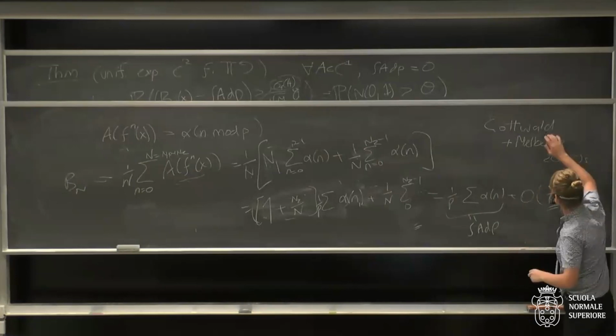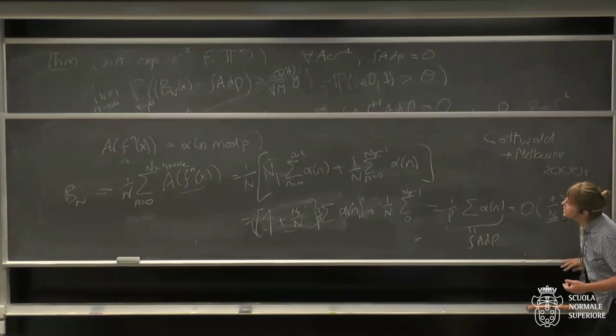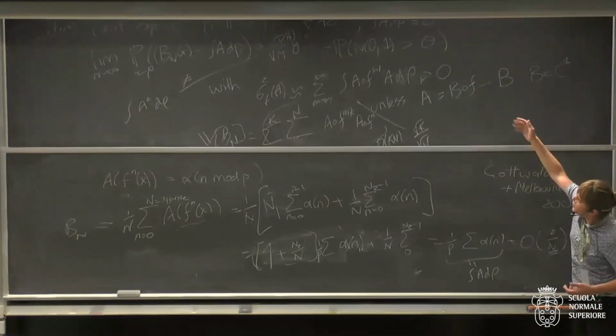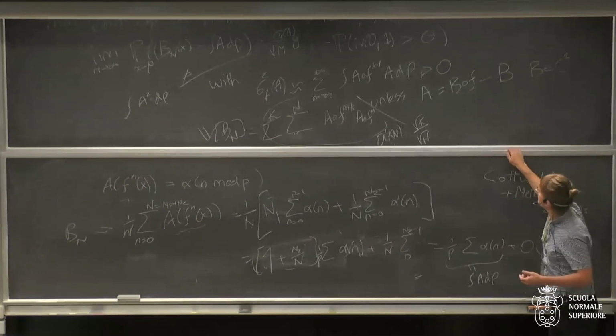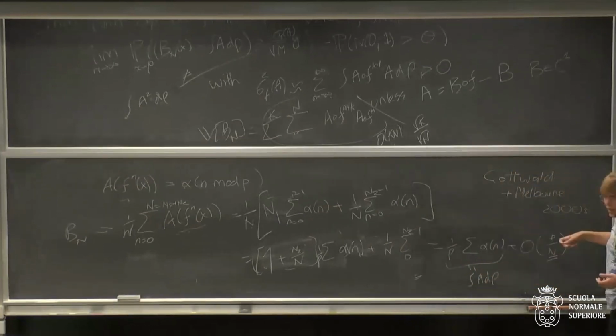Georg was my PhD supervisor. They exploited this difference between the behavior for a chaotic system, where you have a central limit theorem, and the behavior for a periodic system, where you have a 1 on n behavior.